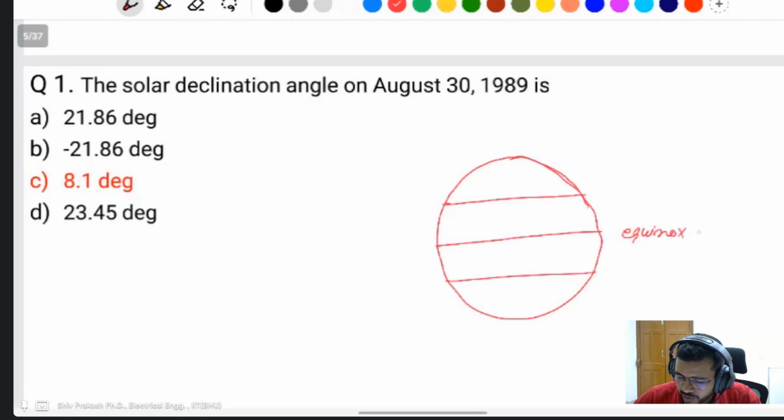On the equator, the equinox plane, this is 23.5 degree plus, and this will be minus 23.5 degree. Declination angle, the center of the earth declined by the insolation line or sun rays.